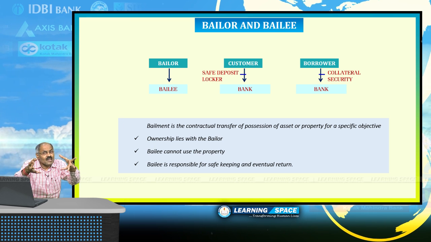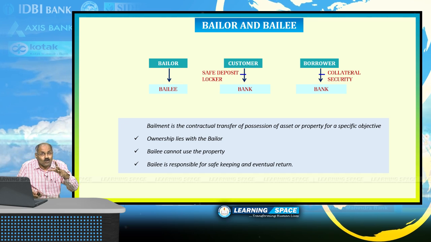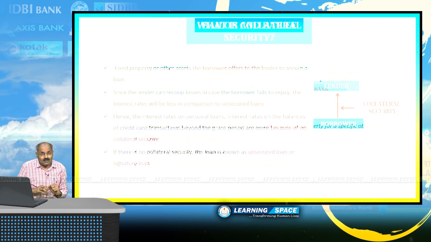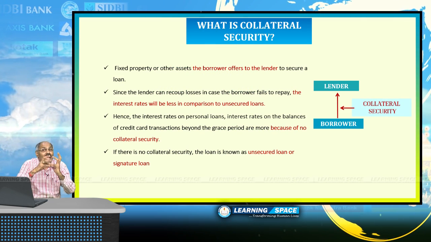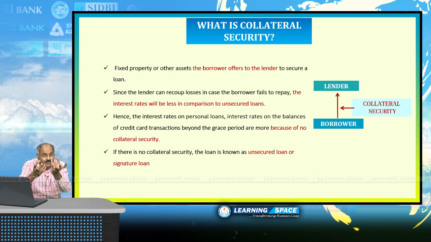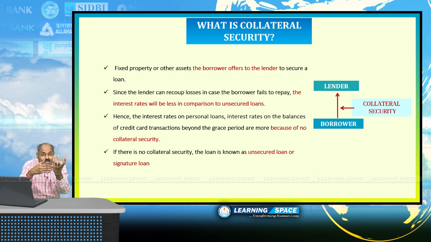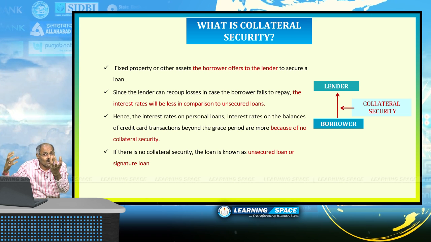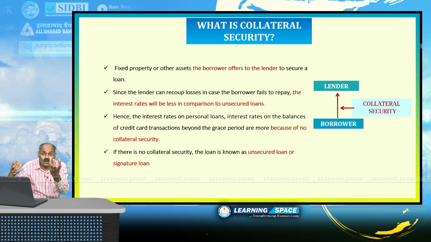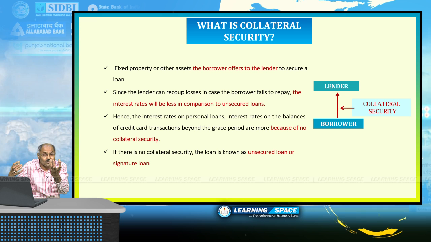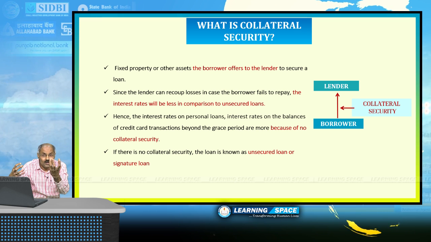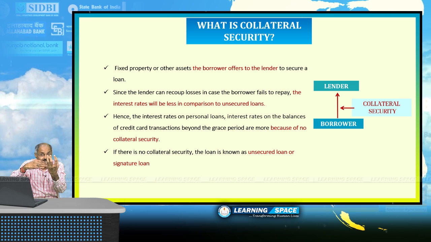And let us now look at the next one, collateral security. Right? If the bank is giving a loan without any collateral security, that is an unsecured loan or signature loan. Normally, banks do not give unsecured loans. The bank will take something as collateral security.